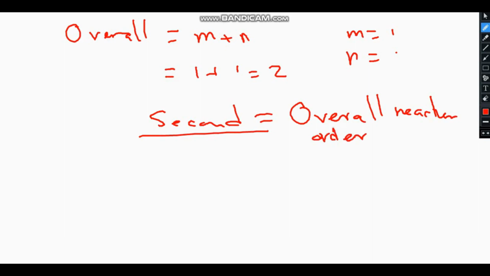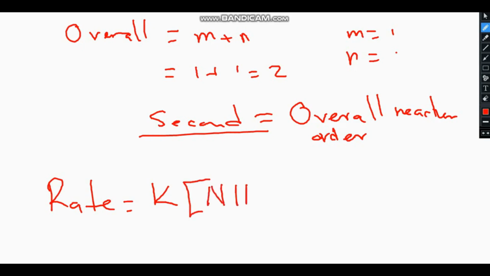Now that we have the overall reaction order, we can write the rate law using the values of the individual orders. So rate is equal to K, the concentration of NH4 plus, to the power 1, so we are not going to show the power there, then also NO2 minus, also to the power 1.